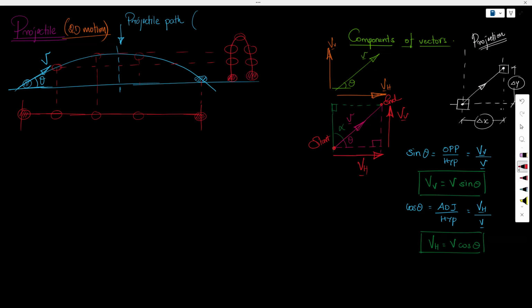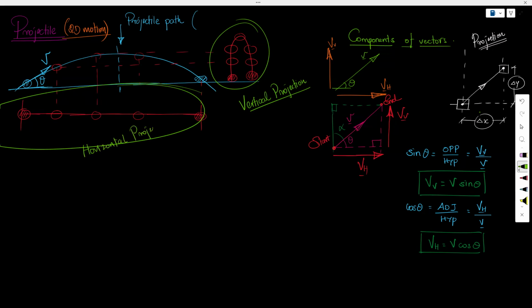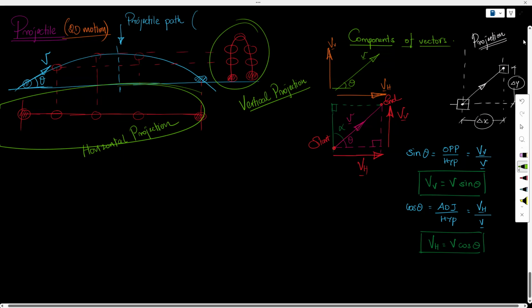We will deal with this separately and with the horizontal projection separately, right? So these are the very basics of the projectile and what a projectile is. And now we will construct the equations and we will understand how we can use the kinematics equations in projectile motion.